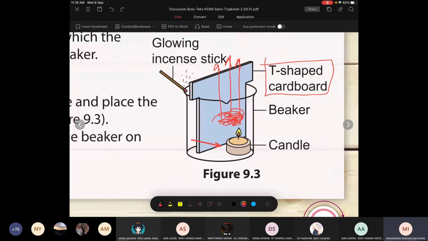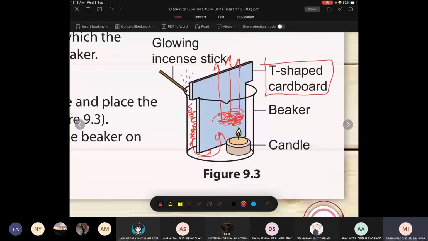And you can see a glowing incense stick. It produces smoke. The reason why we need the smoke is because we want to see how heat is transferred to the other side. You can see the smoke will flow to the bottom of the T-shaped cardboard, and then it will rise.